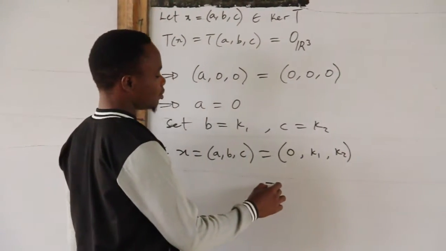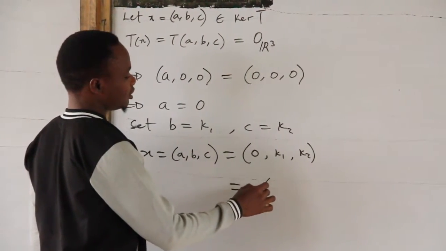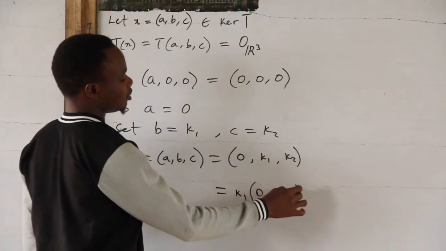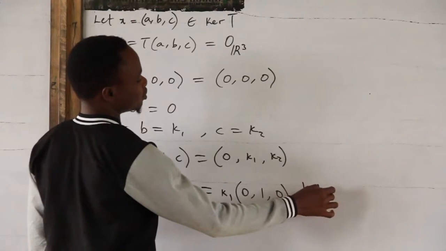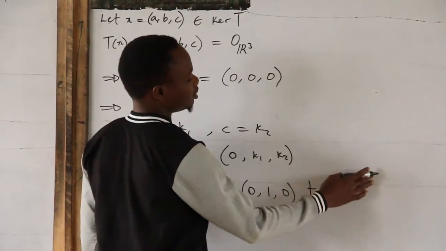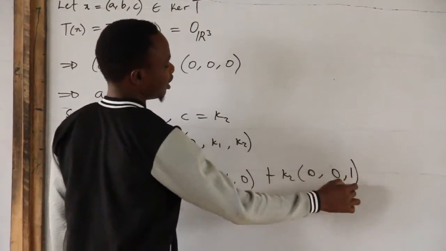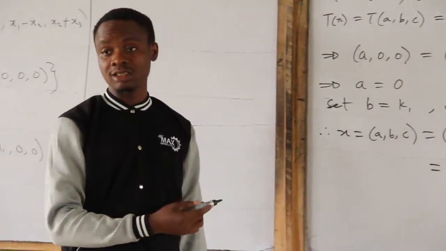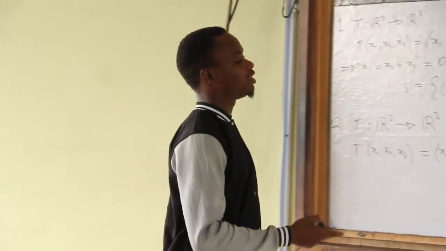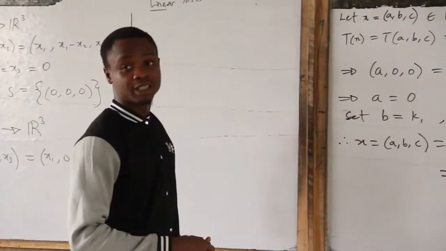This will be equal to k1 into 0, 1, 0 plus k2 into 0, 0, 1. So here I have two vectors that will form the basis. So I have the dimension of ker T to be 2.